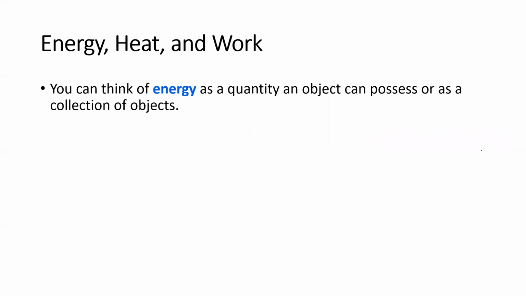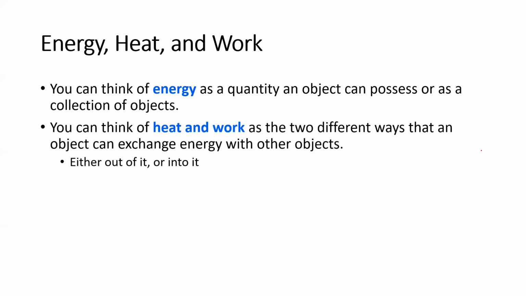So let's focus on energy, heat, and work. You can think of energy as a quantity that an object possesses, or a collection of objects, think of it as a system, or if you're looking at a particular reaction, the energy that the reactants have. You can think of heat and work as the two different ways that an object can exchange energy with other objects.